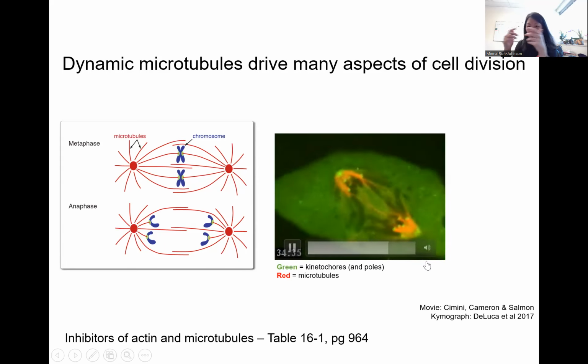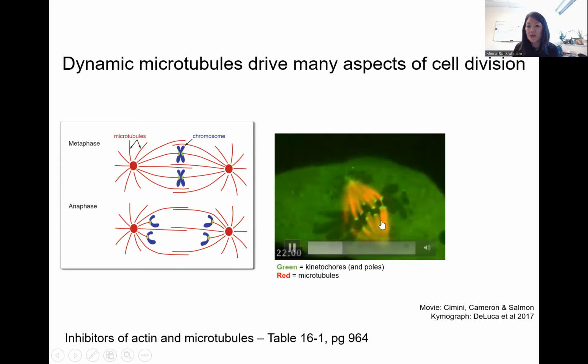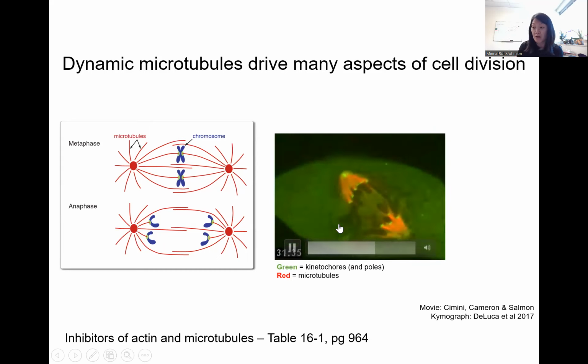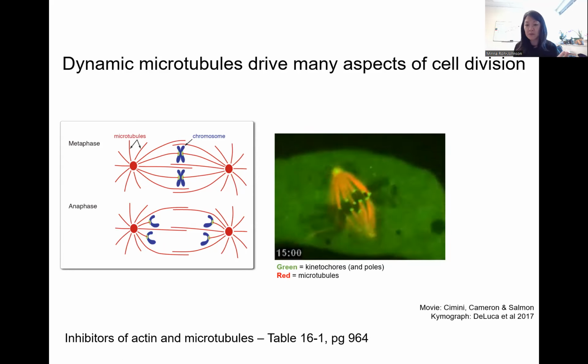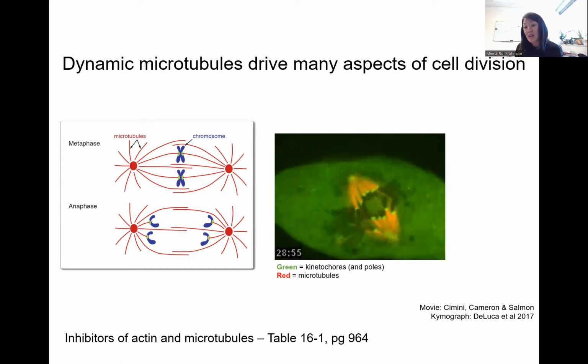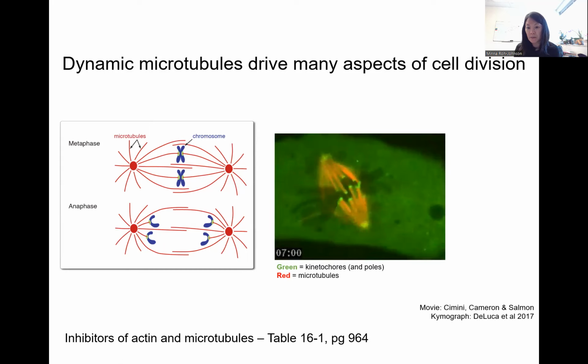There's this push and pull, this sort of tug of war on both sides. And actually, this is a really important part for the fidelity of cell division, which I won't go into, but it's incredibly rapid. So the microtubules have to be dynamic for this process to occur reliably.